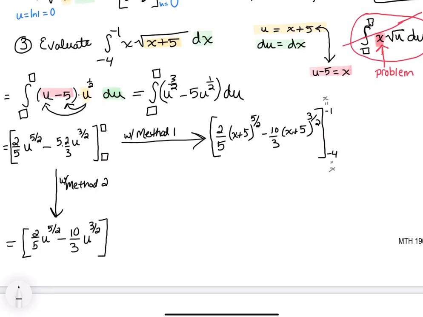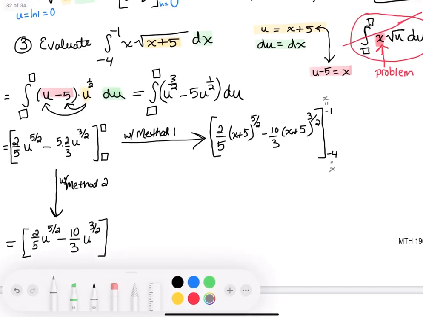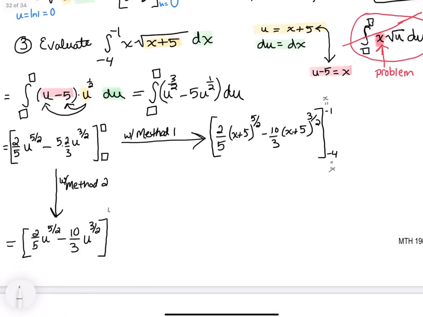All right, but the difference is you're now going to change over into u limits of integration. Well, that's going to tell me that I had my u here. The rule was that u was equal to x plus 5.